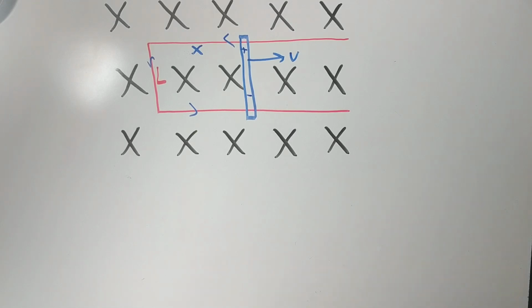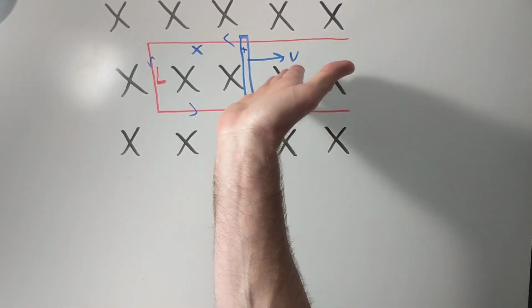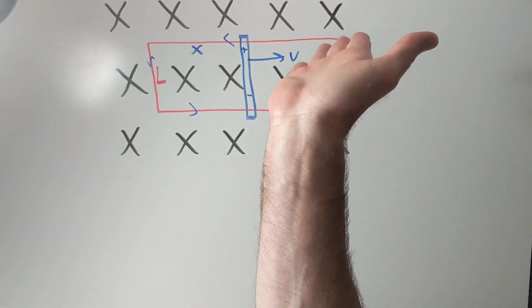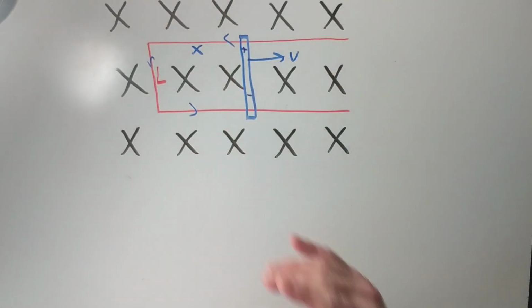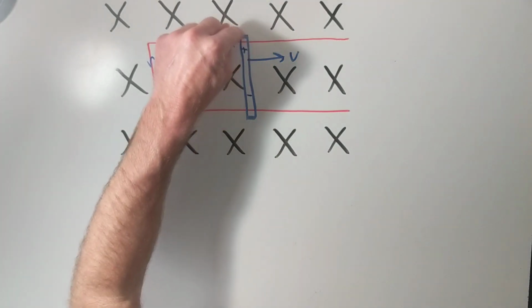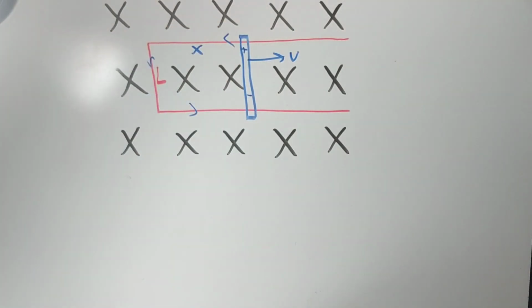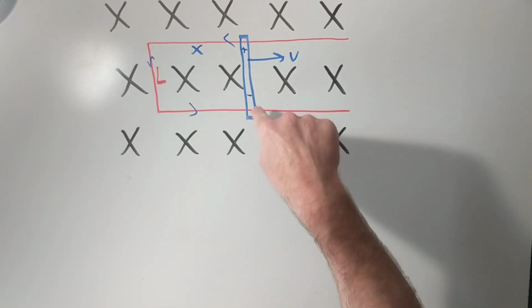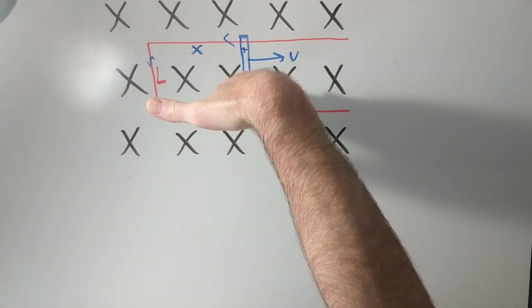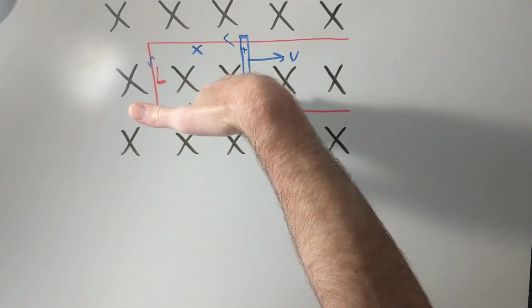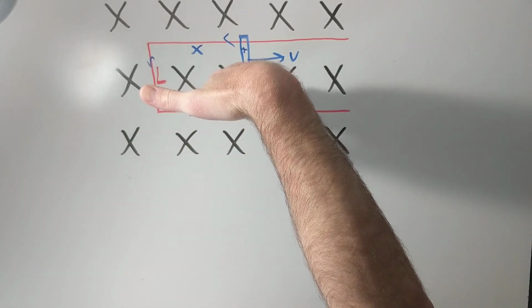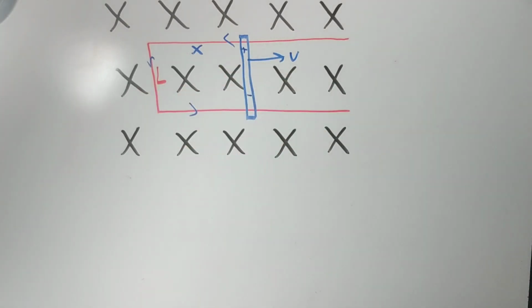Take my right hand, push my charge to the right, fingers into the page. That means positive charges will move up this way and then along this direction. Now, if you use the rule for the negative charge, thumb to the left, fingers into the page, this means negative charges move down.